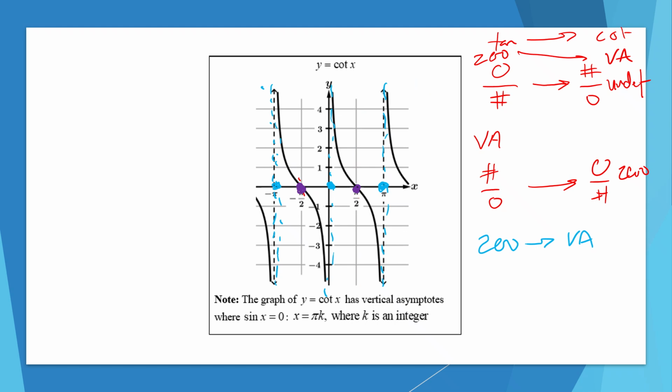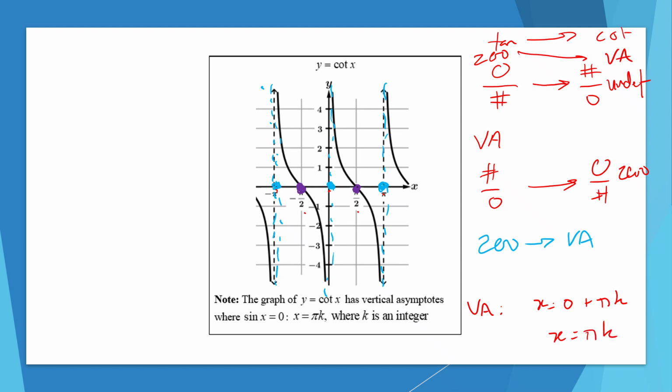If we erase the graph of tangent, we see that the vertical asymptotes that we would normally see at pi over 2 and negative pi over 2 become zeros now. And the zeros where we would normally see it at negative pi, 0, and pi become vertical asymptotes for cotangent. So cotangent will have the vertical asymptote equation of x equals 0 plus pi k, or x equals pi k.